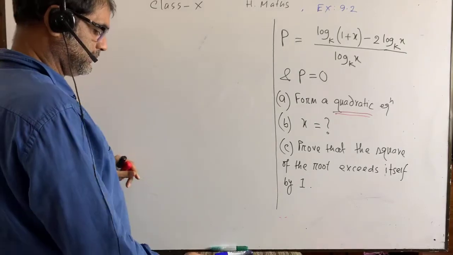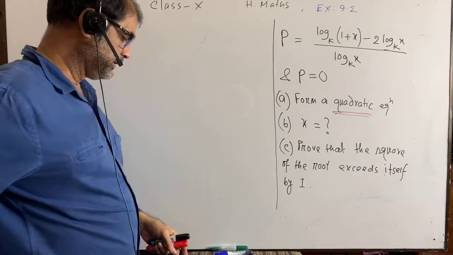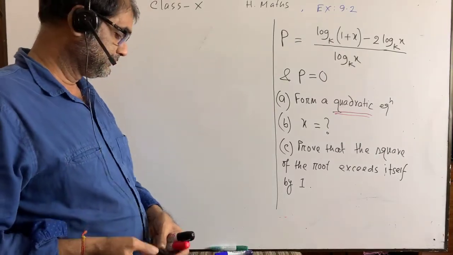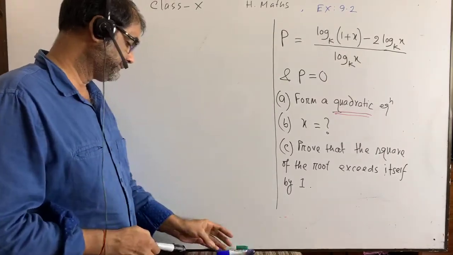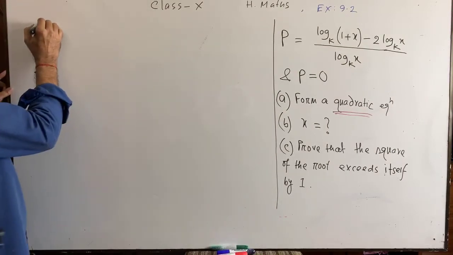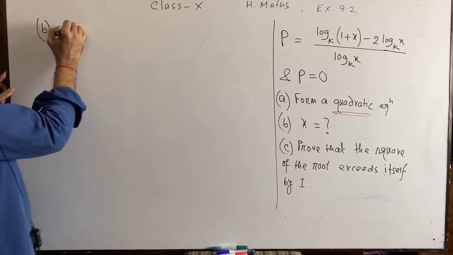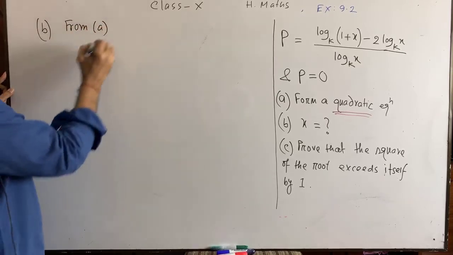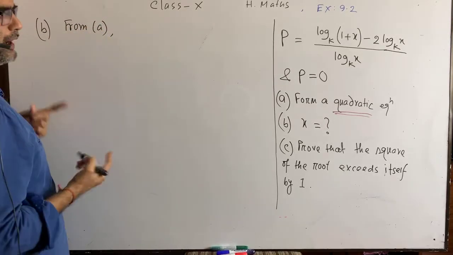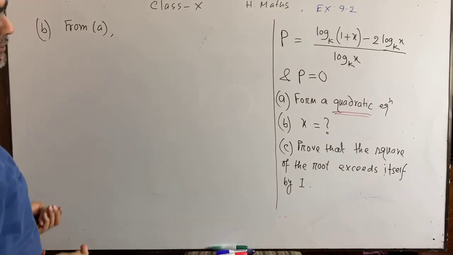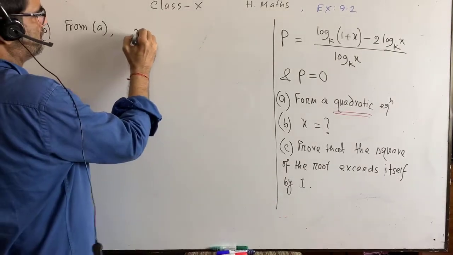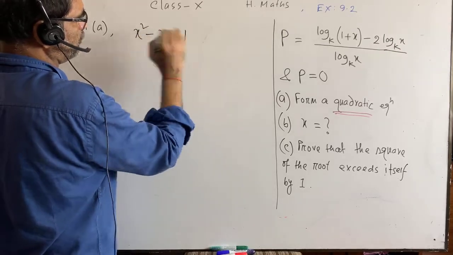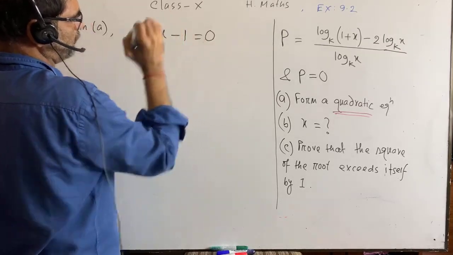Question number B. From A we have found, or we have obtained, x square minus x minus 1 is equal to 0.